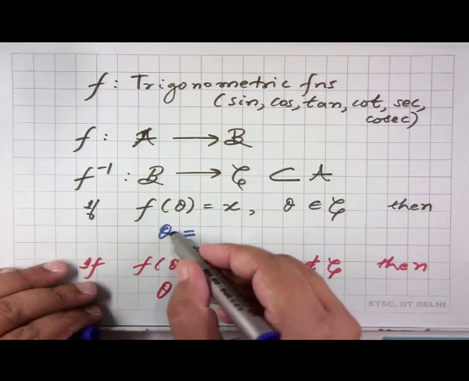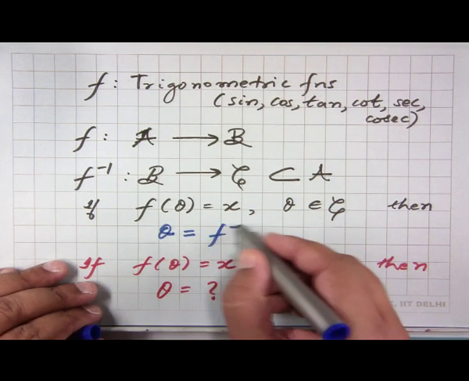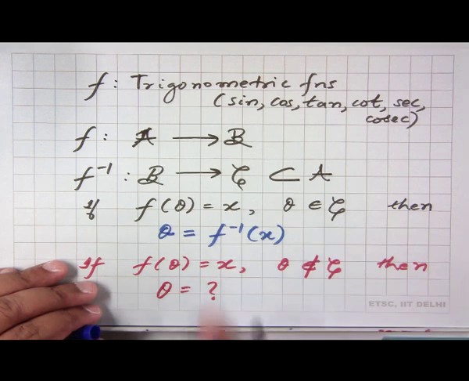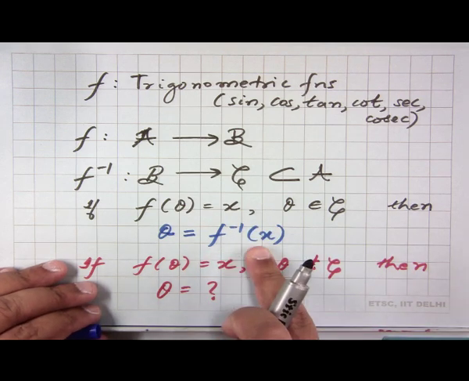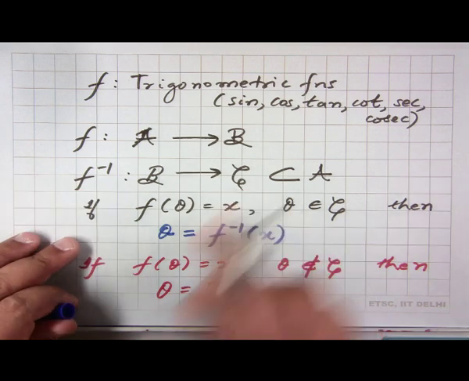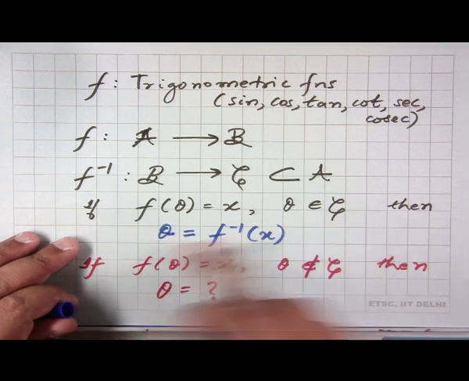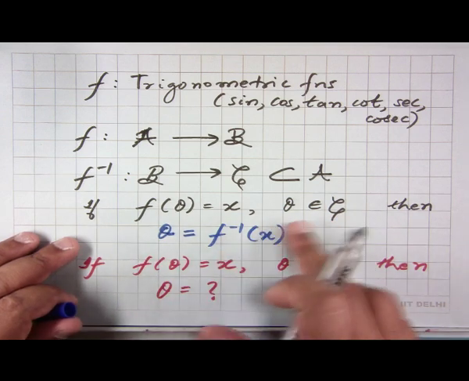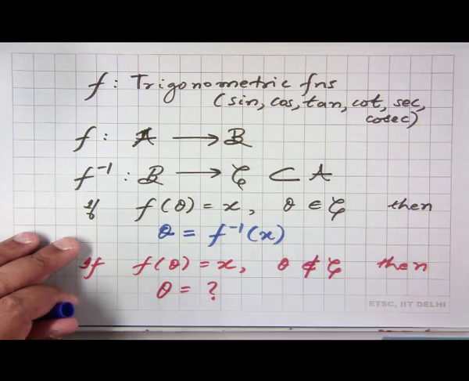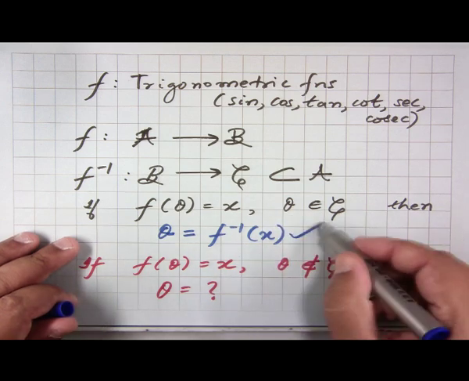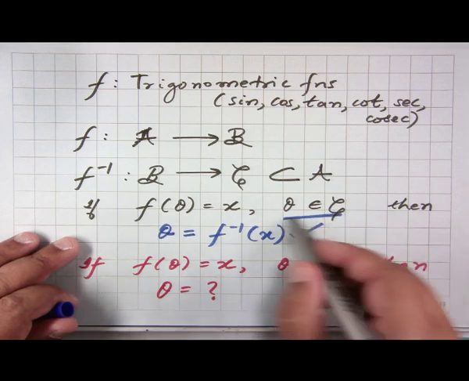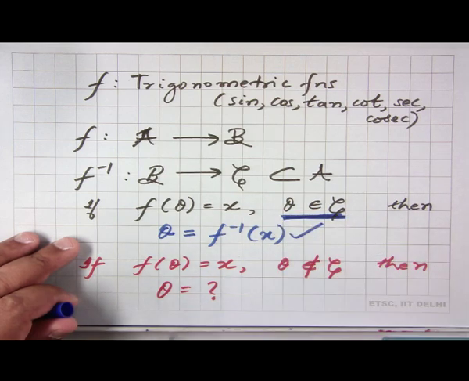The solution is simply theta equal to f inverse of x, because f inverse of x will belong to the range set of f inverse, which is C. Therefore, theta will definitely belong to C. So, this solution satisfies the constraint that theta has to belong to the range set of f inverse.